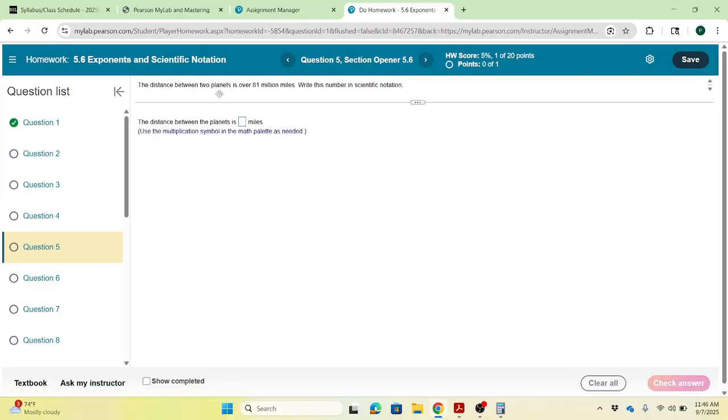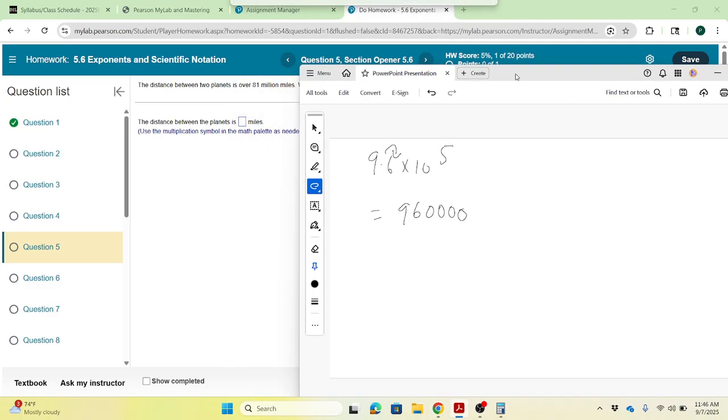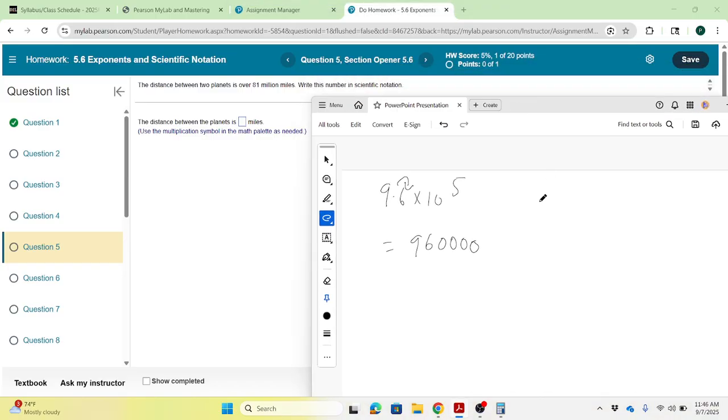The distance between two planets is over 81 million miles. So remember, this is an application of the topic we're discussing here. We would like to write this distance in scientific notation. First of all, think about this: 81 million has 6 zeros after 81.